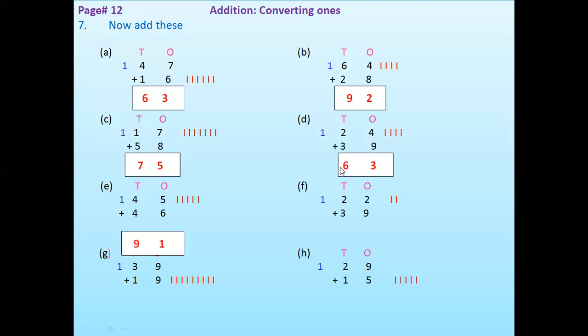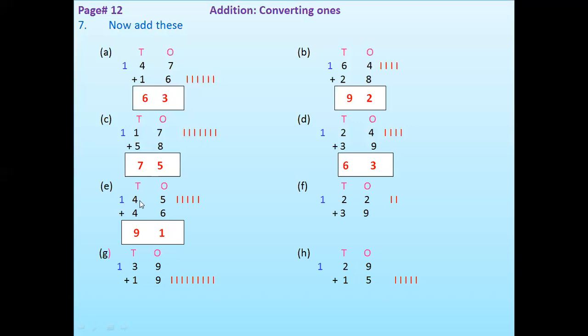E part. Question is 45 plus 46. So first we will add ones. 5 plus 6. Draw first 5 lines and add these 5 lines to 6. 6, 7, 8, 9, 10, 11. Okay. 11. Write 1 here and 1 goes to add into tens.